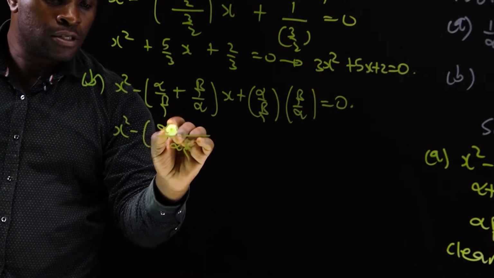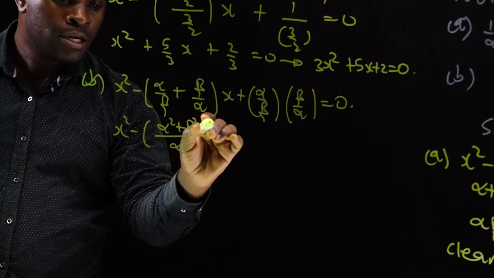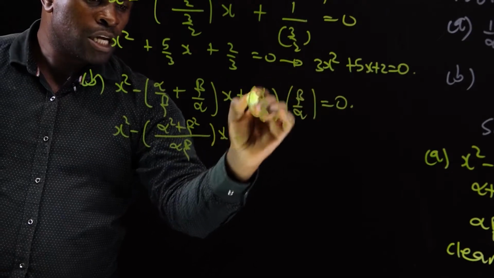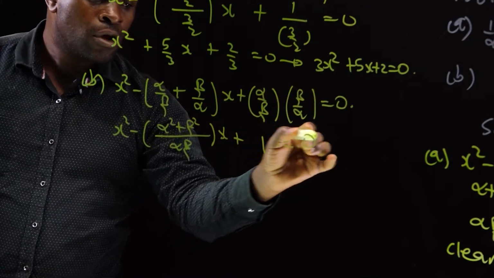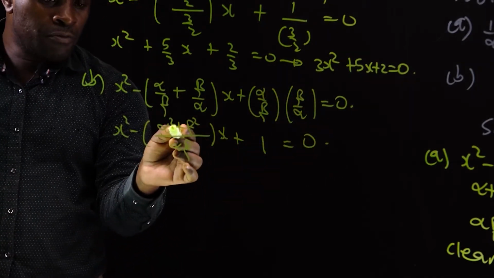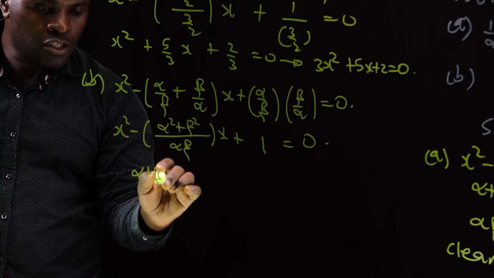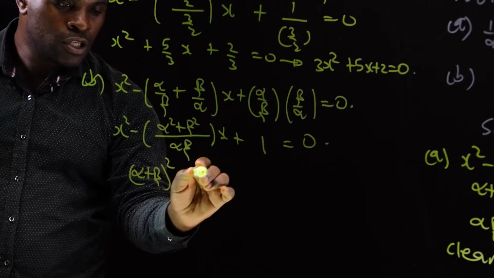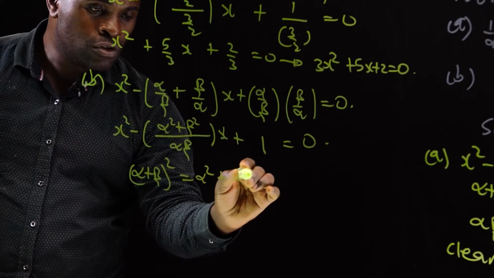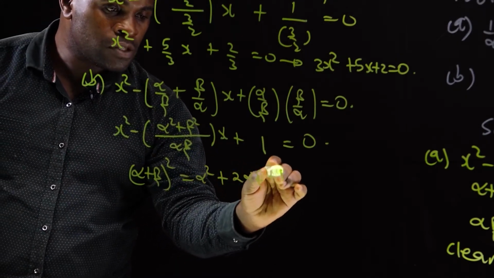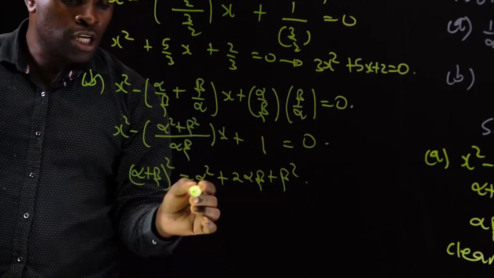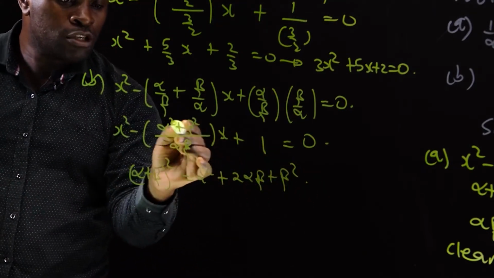So we must find the result of alpha squared plus beta squared, from alpha plus beta all squared, which is alpha squared plus 2 alpha beta plus beta squared. So instead of alpha squared and beta squared, which is this?